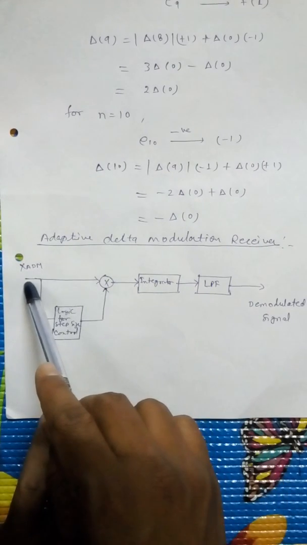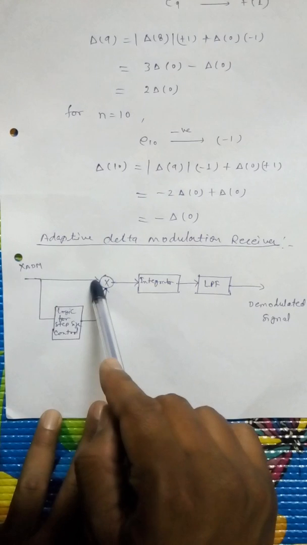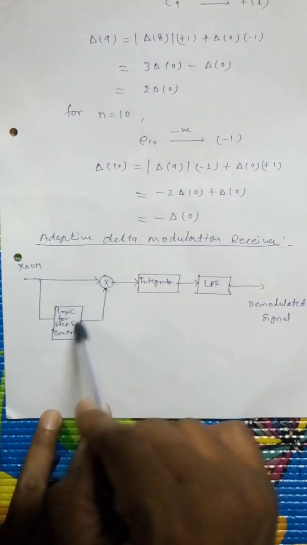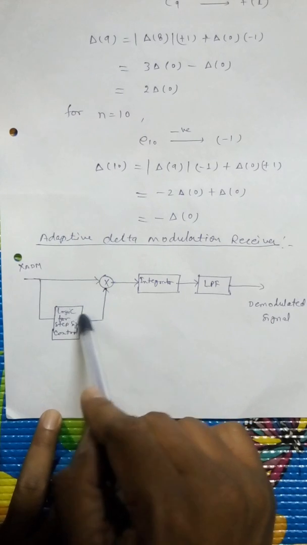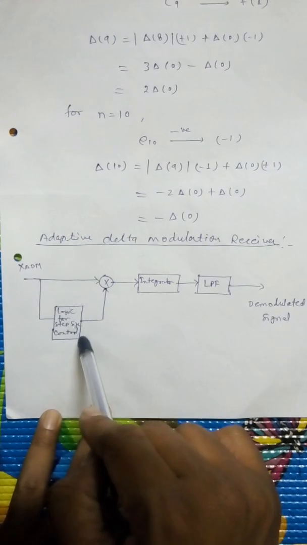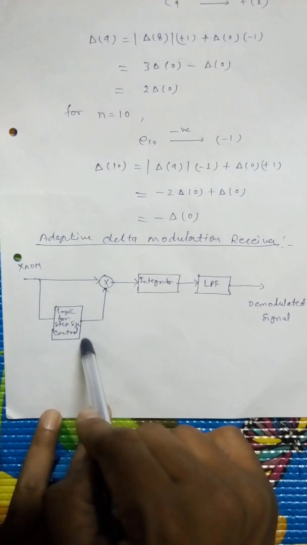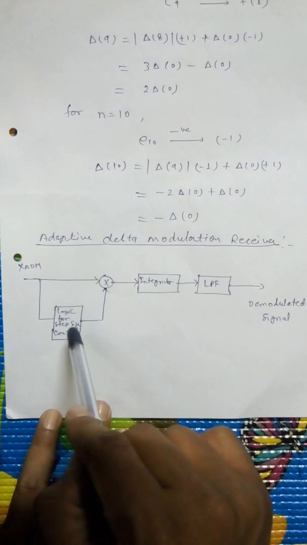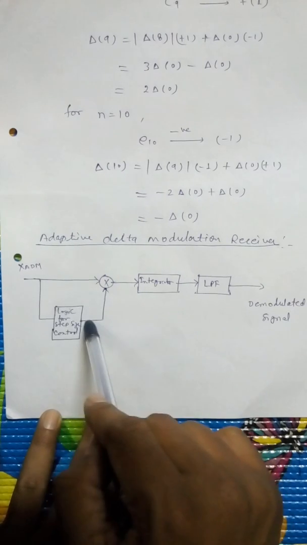One input of the product modulator is our adaptive delta modulated signal, and another input is the output of the logic for step size control. This step size control logic is similar to the step size logic controller which we have already used in the transmitter block of the adaptive delta modulator.